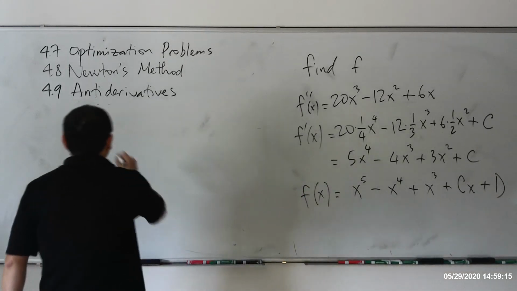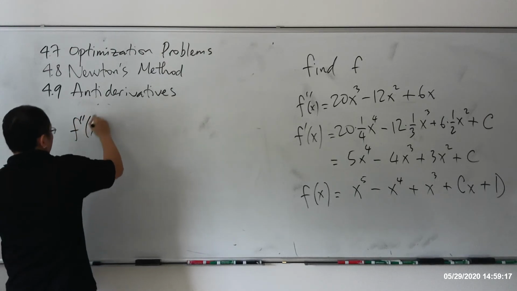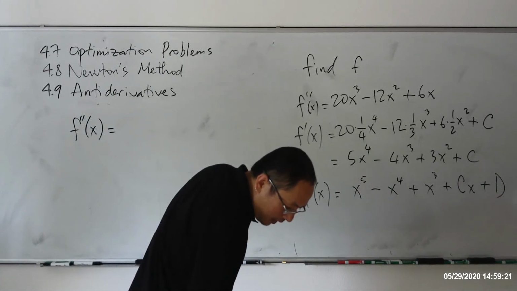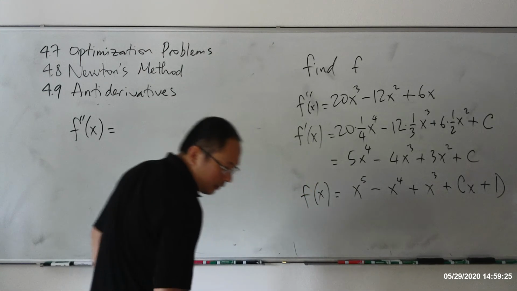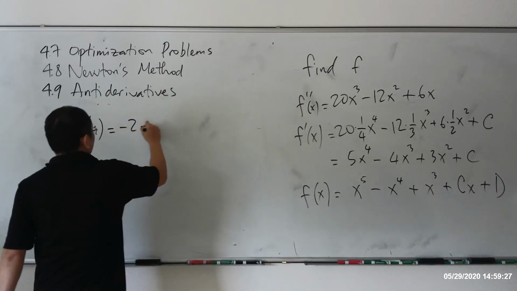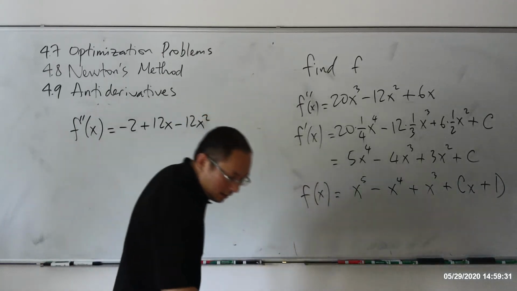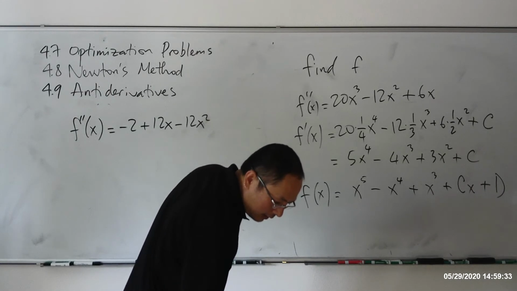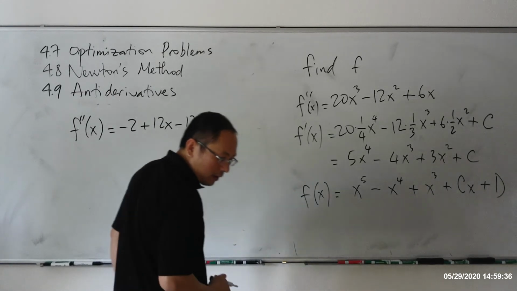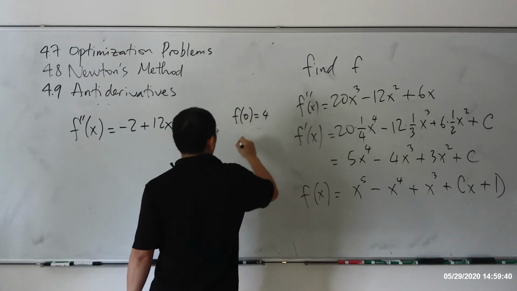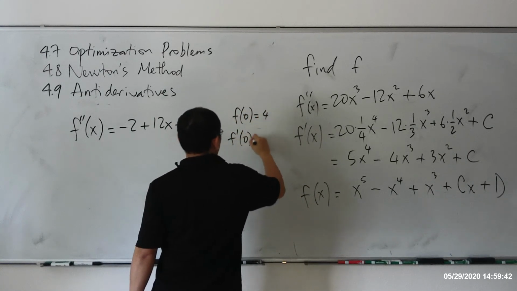F double prime of x is equal to negative 2 plus 12x minus 12x squared. That is what I got in here. They give f of 0 equal to 4 and f prime of 0 equal to 12.